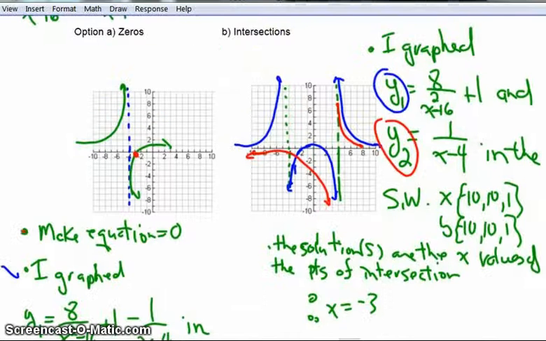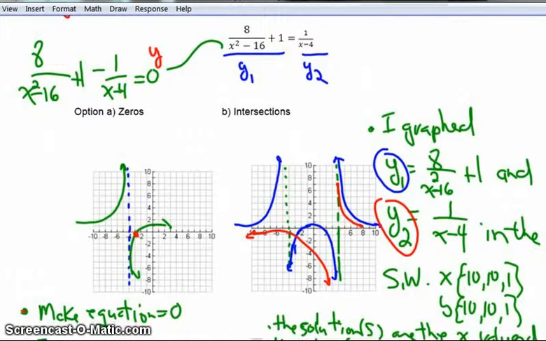All right, in the second method, you guys graphed it, and now if you notice, it's really challenging to try and see the graphs, and as we found here in class, your graphing calculator ends up being just a mess. But if you look at the blue one, which is y1, and the red one, which is y2, there is only one place where they intersect.